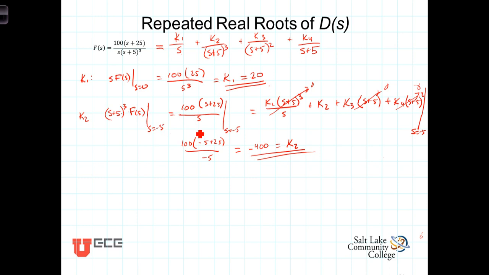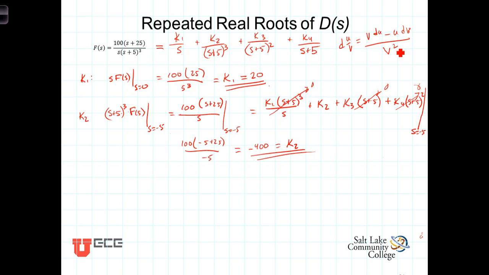So right here is (s plus 5) cubed times F(s). We see that the quotient rule is going to come into play because we have s's both in the numerator and the denominator. So let's remind ourselves that the derivative of u over v is equal to v du minus u dv over v squared.